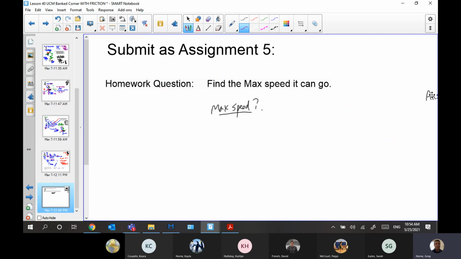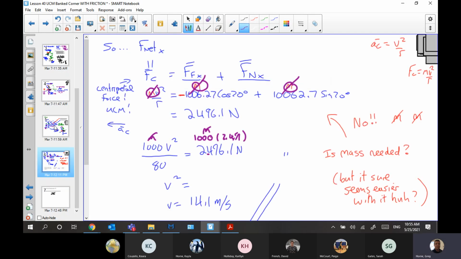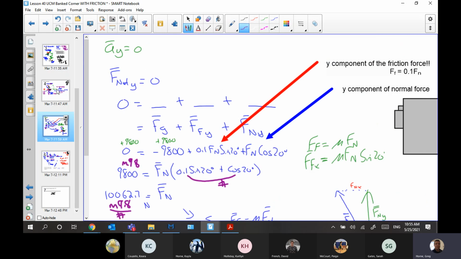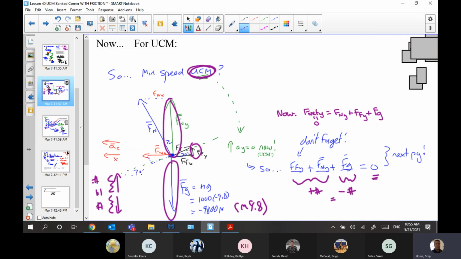I forgot that I put the number there, but you can see it from the video anyway, so I may as well leave it there. So you know you've done the calculations right, and you can hand it in with confidence if you get 19.4 meters per second maximum speed it can go. Okay. That hopefully isn't a stressful assignment for you because really it's this same process, right? With a key difference in this area.